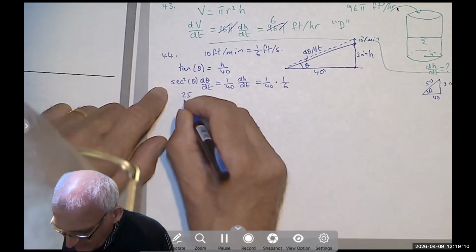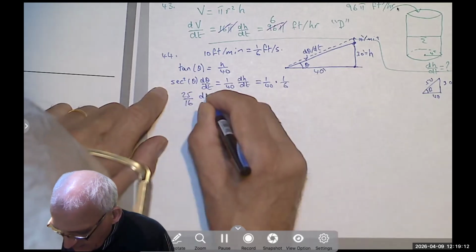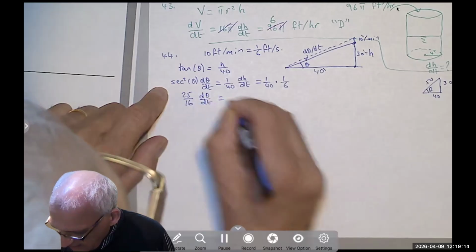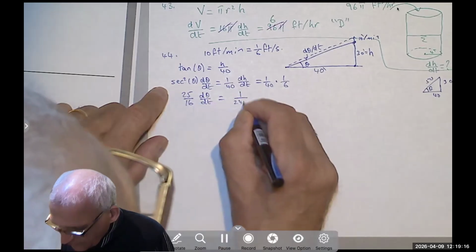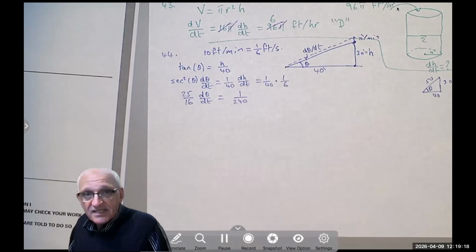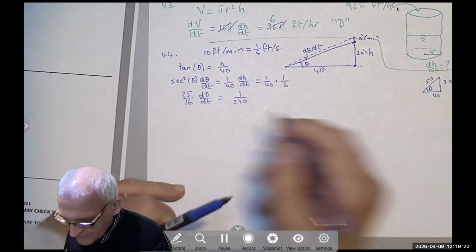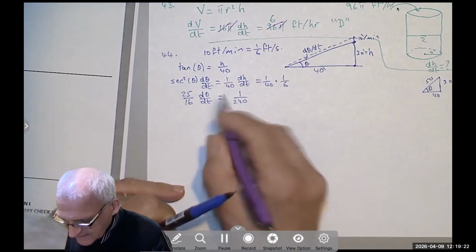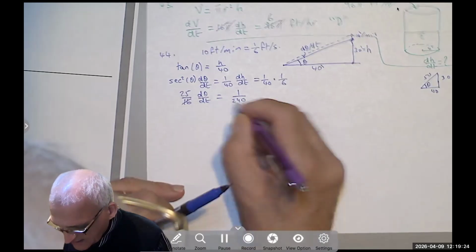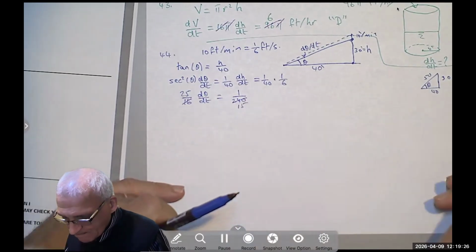So 25/16 d theta dt equals 1 over 240. That's basically it. If you use your calculator, you will see that 16 times 15 is 240.